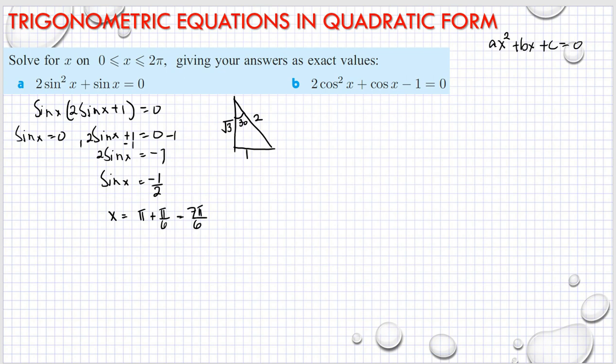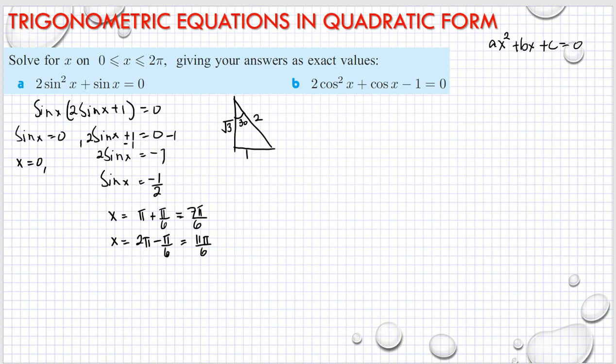And we have another x. In the 4th quadrant, we have 2 pi minus pi over 6, then we have 11 pi over 6. Here we also have x is equal to 0. Why? Because sine 0 is equal to 0.